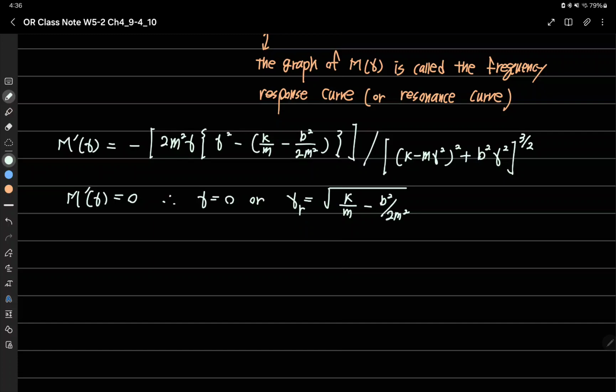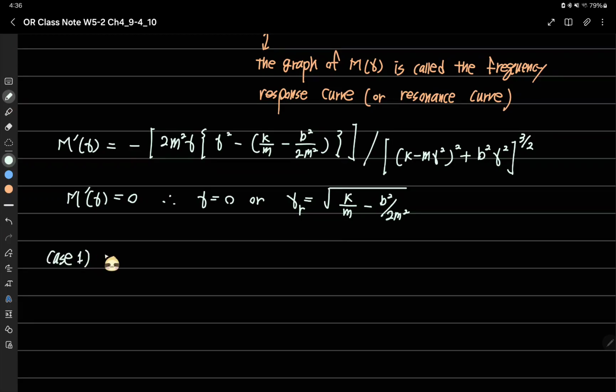Here we have two cases: the quantity under the square root is less than zero, or that quantity is positive. So we just consider two cases.